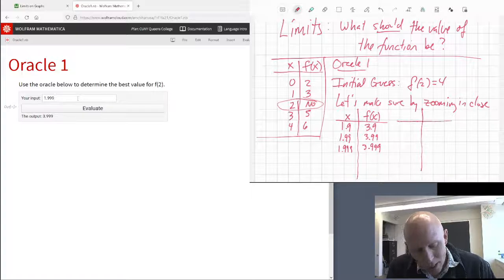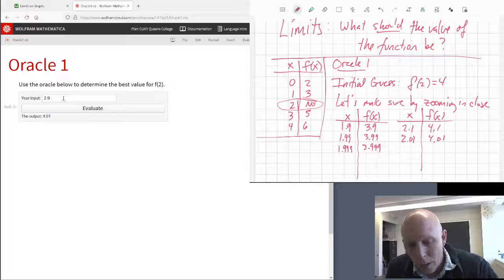Let's actually come down from the other direction too. What about 2.1? 2.1 gives 4.1. What if we put 2.01? That's going to give us 4.01. What if we put 2.001?